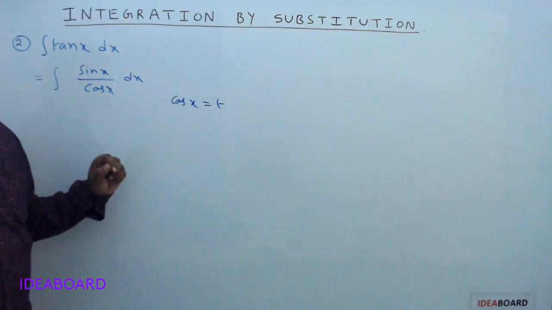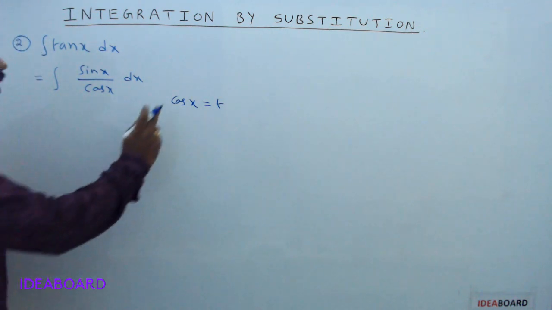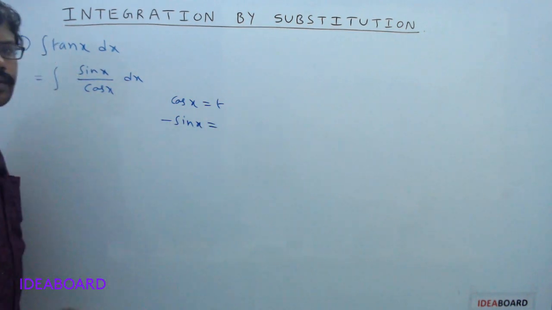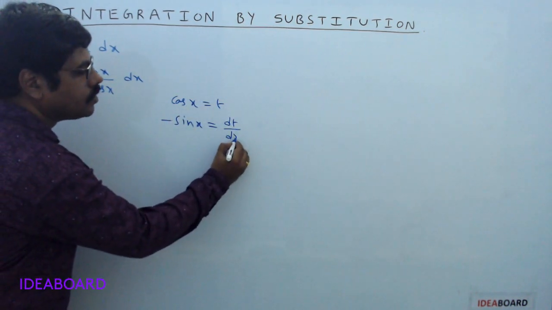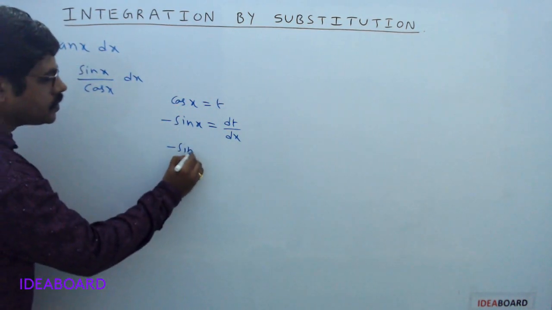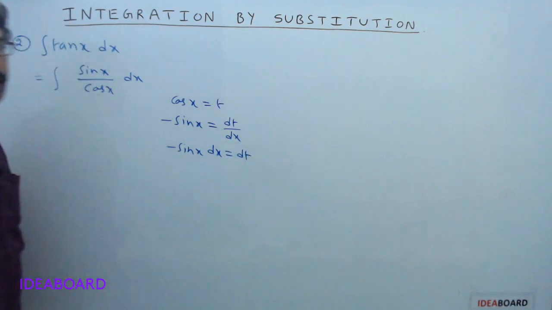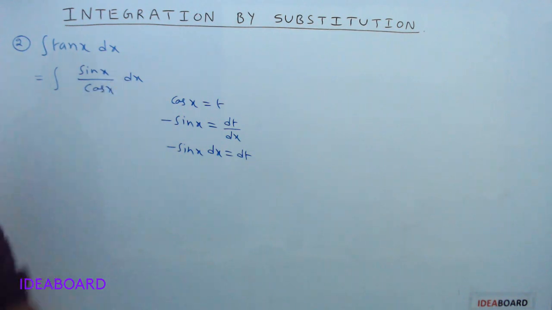Differentiate this equation on both sides with respect to x. Derivative of cos x is minus sin x, equals derivative of t with respect to x, that is dt by dx. Now from this, minus sin x dx equals dt. But we need the value of sin x into dx.